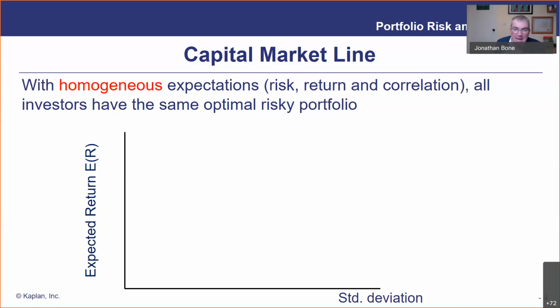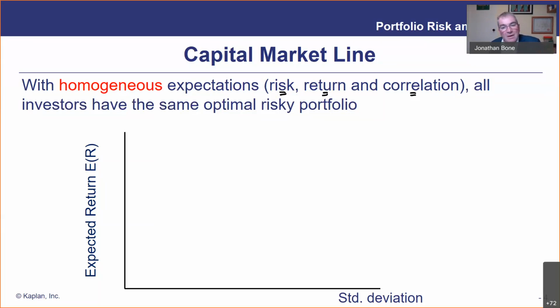Okay, meaning when we go back and we plot that minimum variance frontier, the minimum variance frontier I compute will be different from the minimum variance frontier that you compute and that somebody else computes, because we'll all have different ideas of assets, risks, returns, and correlations. Meaning we have different capital market expectations. We all construct a different minimum variance frontier.